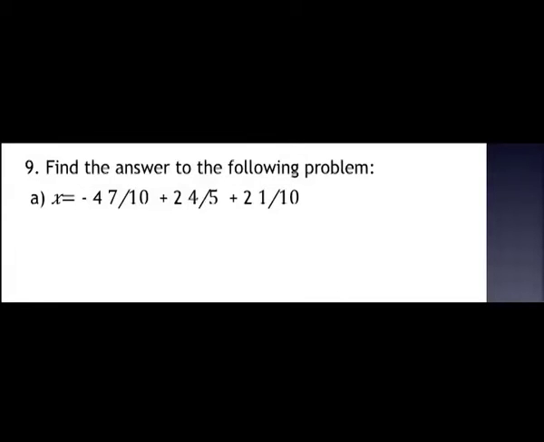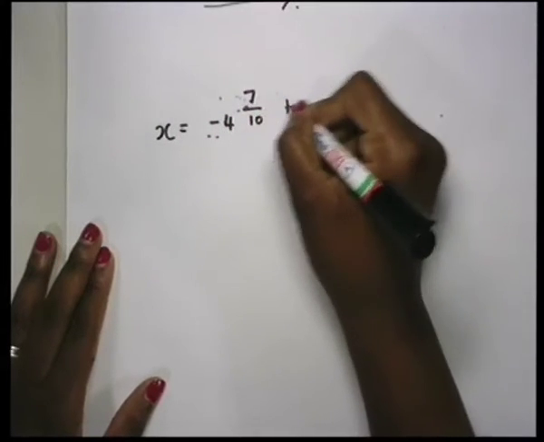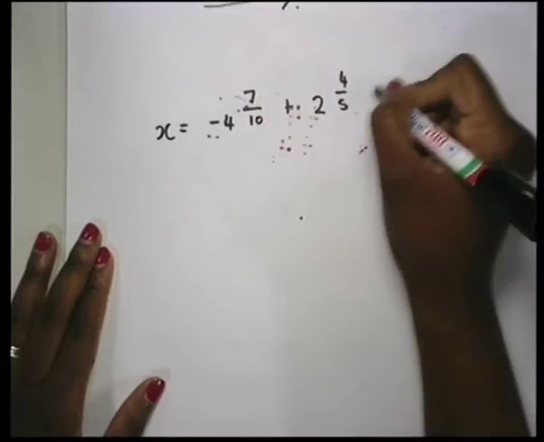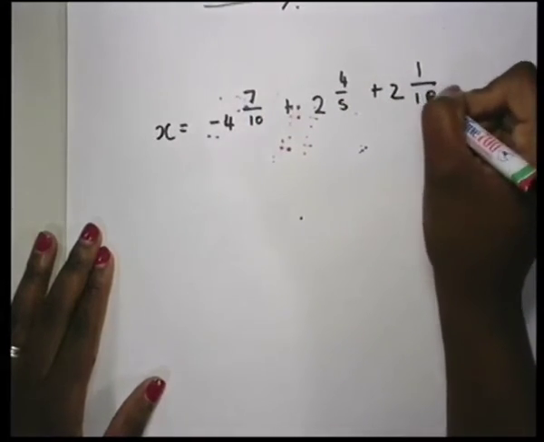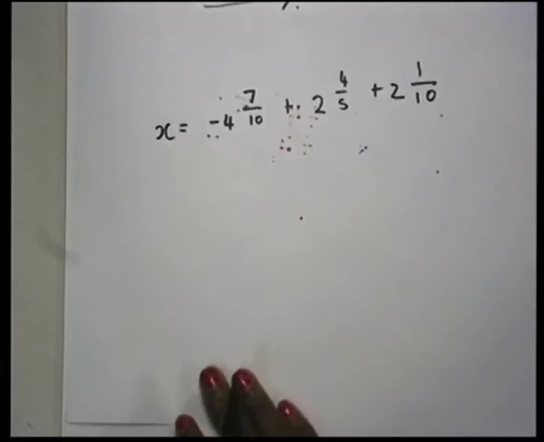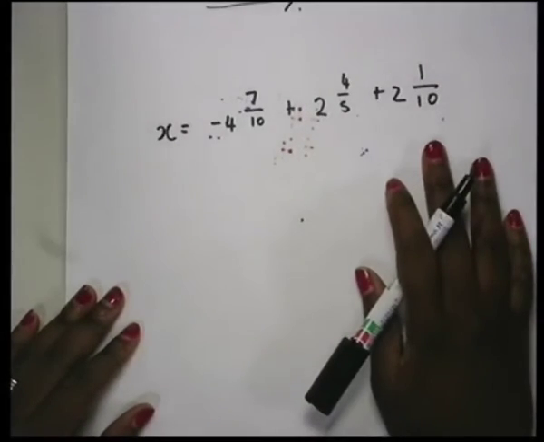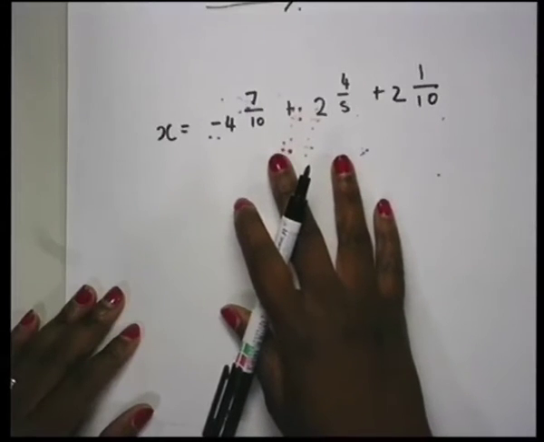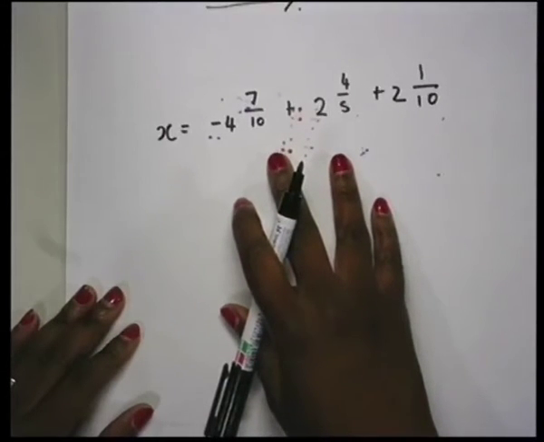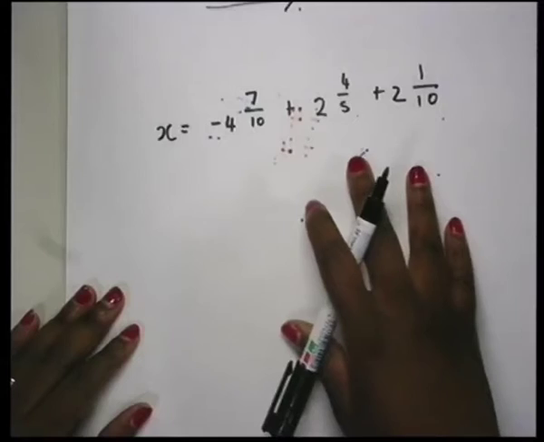Question number 9. Find the answer to the following problem. X is equal to negative 4, 7 over 10, plus 2, 4 over 5, plus 2, 1 over 10. Now, first things first, when you have an equation that looks as such, you first need to change these mixed numbers into improper fractions.